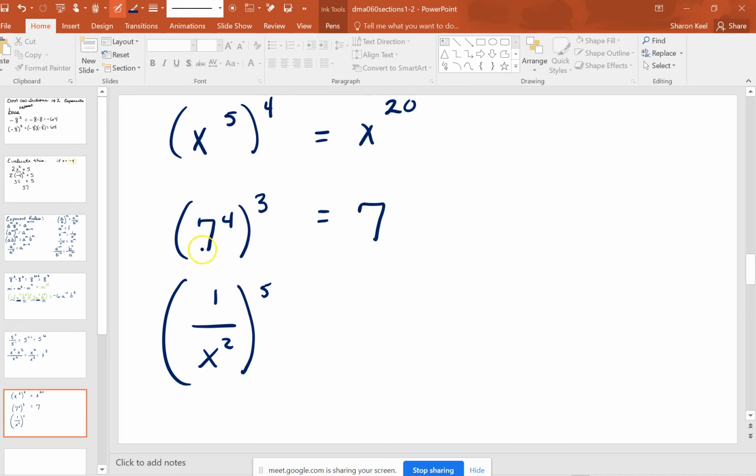Here, for the 7, that's our base. 4 times 3 is going to give us an exponent of 12. And here, 1 to the 5th is just the answer of 1. And with the x, 2 times 5 gives us 10. So that will be 1 over x to the 10th.